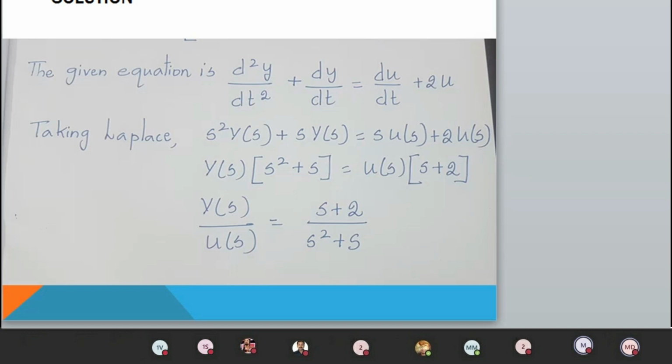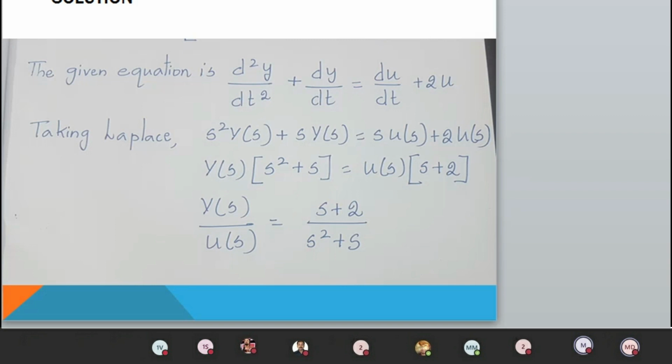It's very simple. The Laplace transform of d square y by dt square is s square Y of s, plus dy by dt is s into Y of s, is equal to s into U of s plus 2 U of s, as the Laplace transform of u is U of s. In this, you take Y of s as common, s square plus s, U of s, s plus 2. What is transfer function?